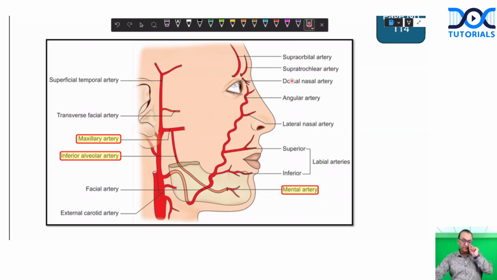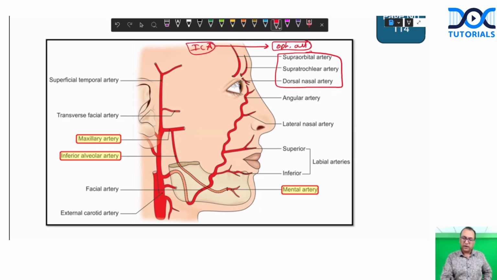Now you see there are some dorsal nasal, supratrochlear, and supraorbital arteries. Where are they coming from? The dorsal nasal artery, supratrochlear and supraorbital arteries come from the ophthalmic artery. And where is the ophthalmic artery coming from? The ophthalmic artery itself is coming from the internal carotid artery.